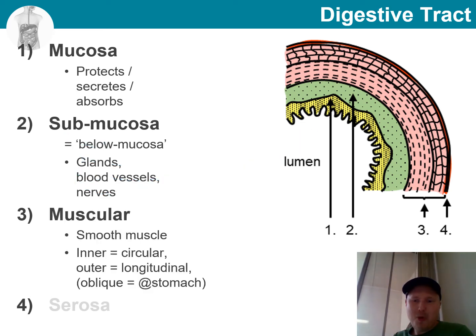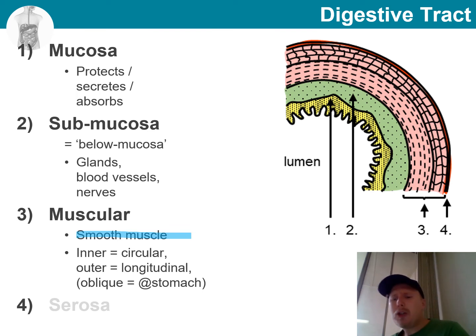After that, moving outwards, then we have muscular layer or layers. The muscle that we see here are going to be smooth muscle. Remember it from our revision of the muscle types earlier. If not, there is going to be a link at the end of this video.